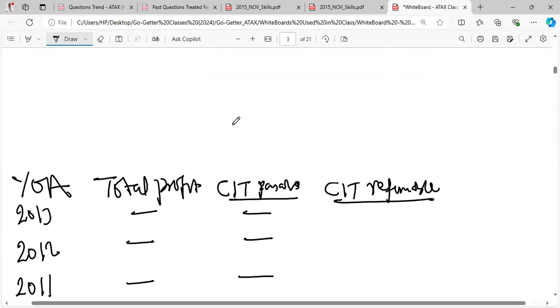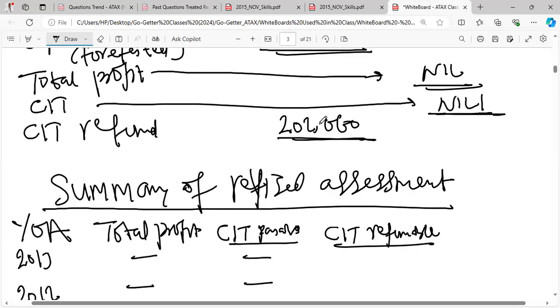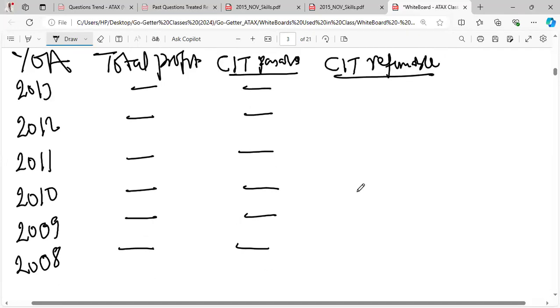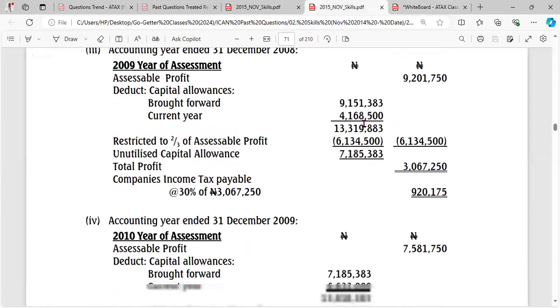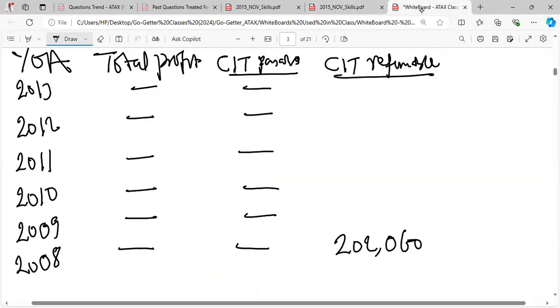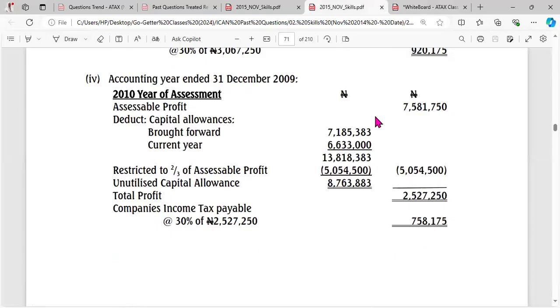So we start by going 2008 is 202,060. You can go to 2009, 920,175. For 2010, 758,175.